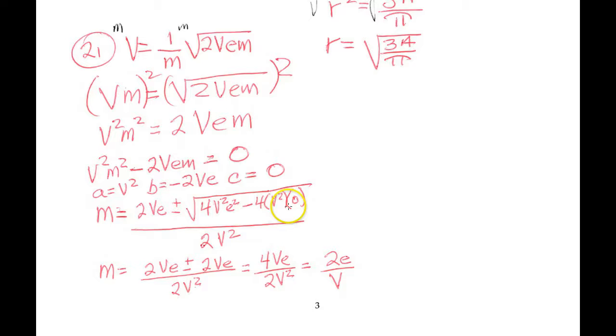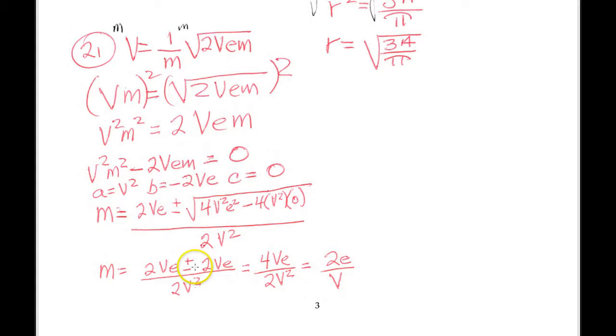So that makes this 0. All right, so now under the radical sign, I just have this. And this is a perfect square that comes out as 4 v squared e squared is 2ve, which is what I have up in front.